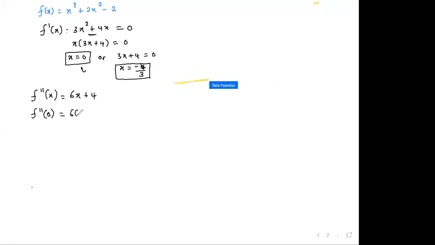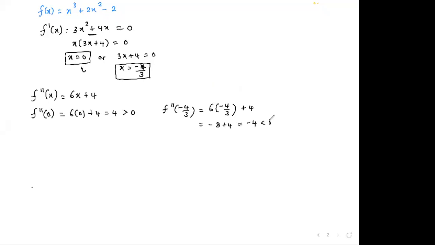So we have 6 times 0 plus 4, which is equal to 4, and 4 is bigger than 0. We also do the same to the other number, minus 4/3. That is 6 times minus 4/3 plus 4, which is minus 8 plus 4, which is equal to minus 4, less than 0.